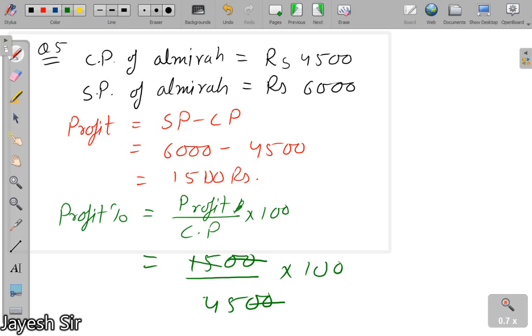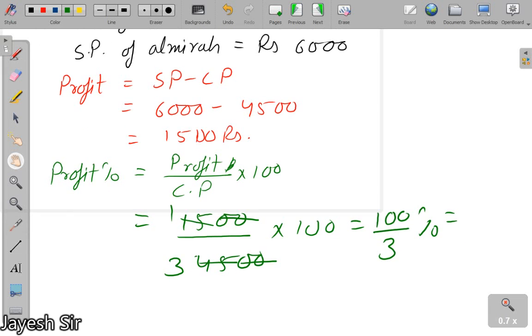Zeros and zeros are cancelled, 15 ones are 15, 15 threes are 45. So this is 100 upon 3 percent, or you can say 33.33%. Both the answers are correct.